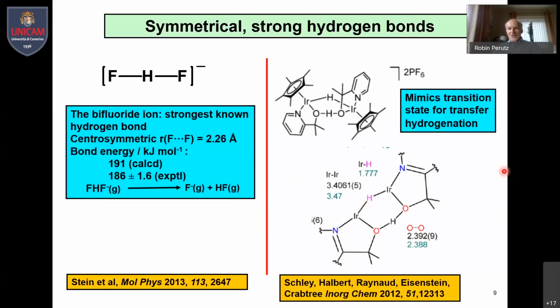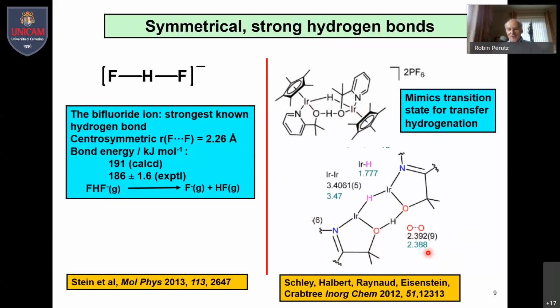Now, look at this complex, which, unlike FHF minus, contains two metals, two iridiums, and now we have an OHO bridge between the two iridiums. And if you look at that expanded here, what you see is that the OO distance is 2.39 angstroms.